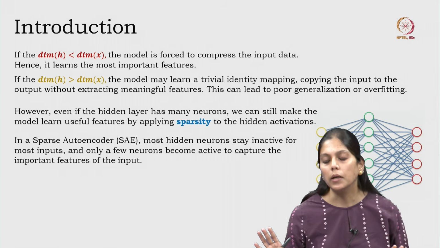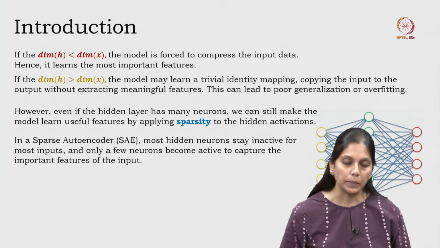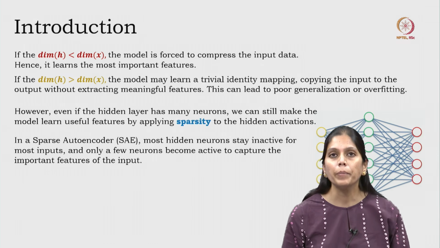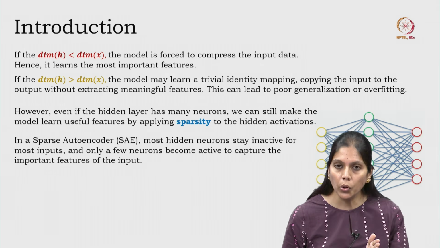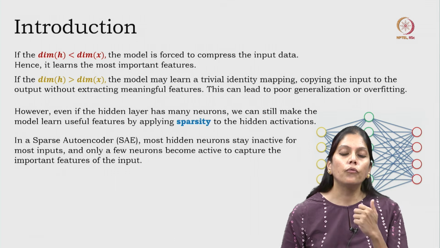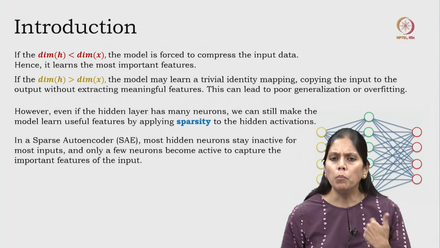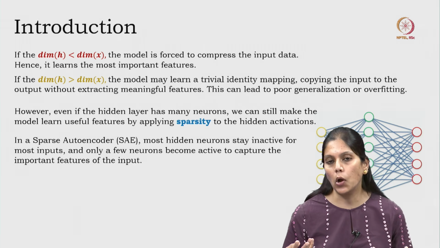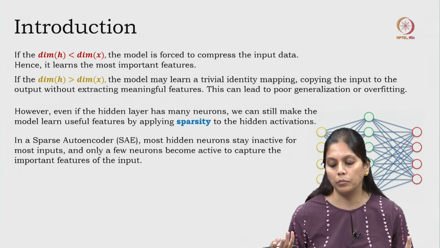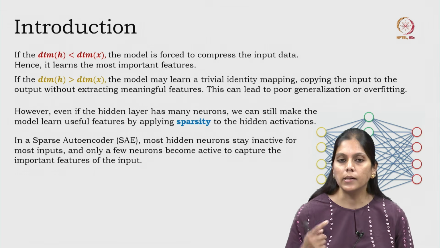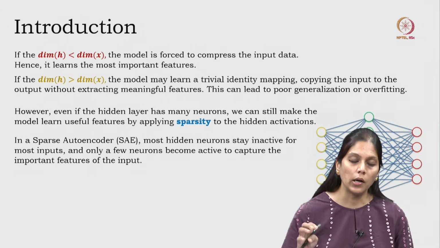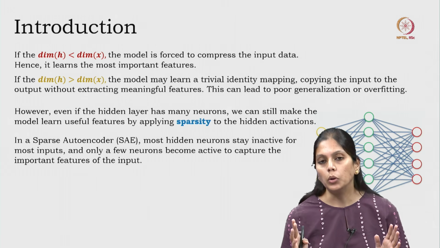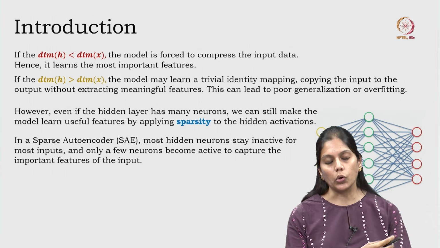We don't want that, so we want a regularization technique. What it does is, even though there are more neurons, keep only a few active and most of them inactive. By doing this, are we not restricting the model? When there is a restriction, an active neuron should capture the important features. This is what a sparse autoencoder is.